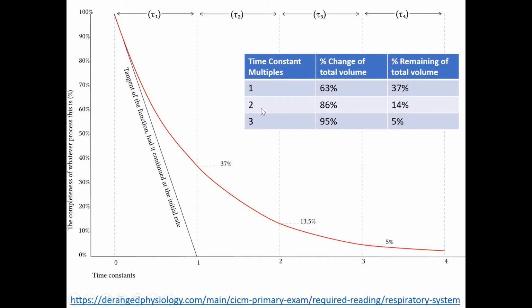And finally, after 3 taus, the patient would have exhaled 95% of the initial volume and would only have 5% of volume remaining. So we think of 3 taus as being the minimum that we aim for in order to avoid air trapping. Note that if tau is less than 3, you end up with significant volume remaining in the lungs, and hence propensity for air trapping or auto-PEEP.